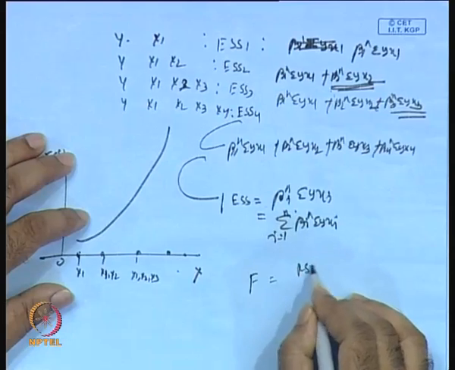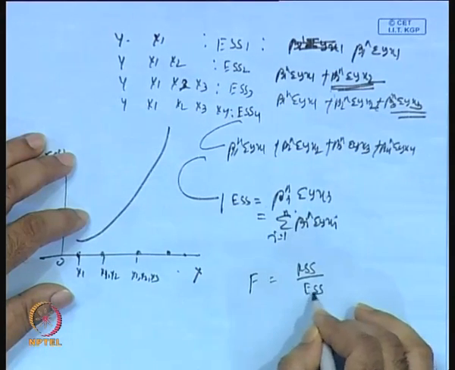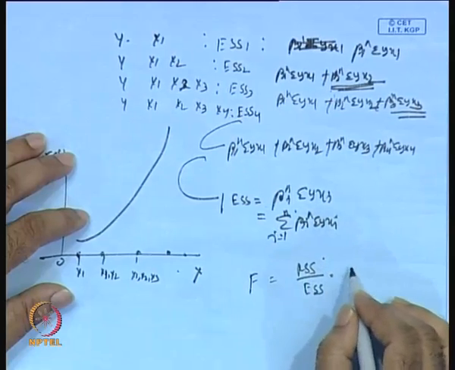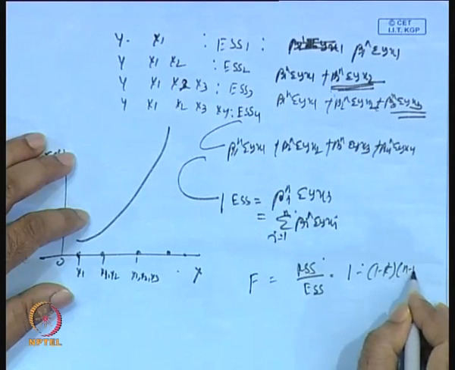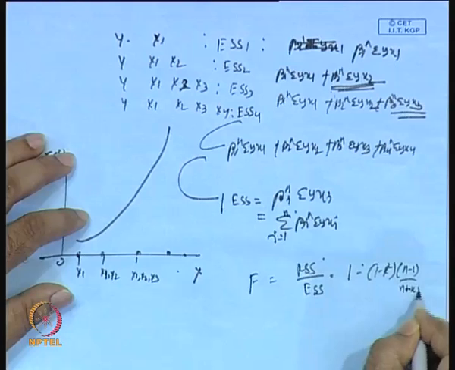So, it is the case where a few parameters may not be significant, and R square on the other side will be very high, followed by the F statistic. When R square is high, then obviously F will be high, which we have highlighted already, because F is a function of ESS by RSS. If you simplify, this is nothing but R square by 1 minus R square, multiplied by n minus k by k minus 1, with degrees of freedom.